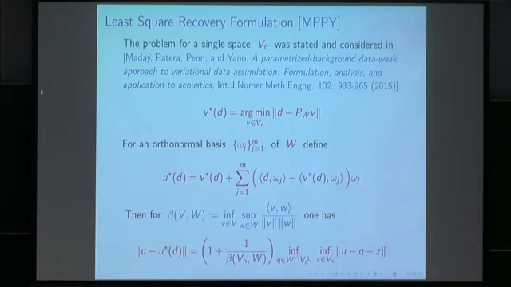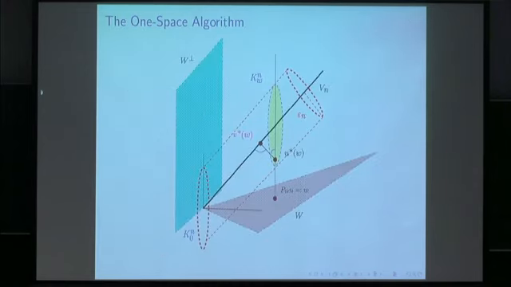They find the arg min of the problem D minus the projection of V to W. So we have this space V. It projects somewhere here, so we can consider the projection and find the point which is closest to our data.